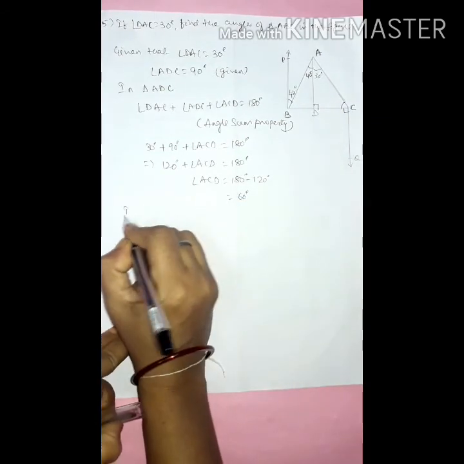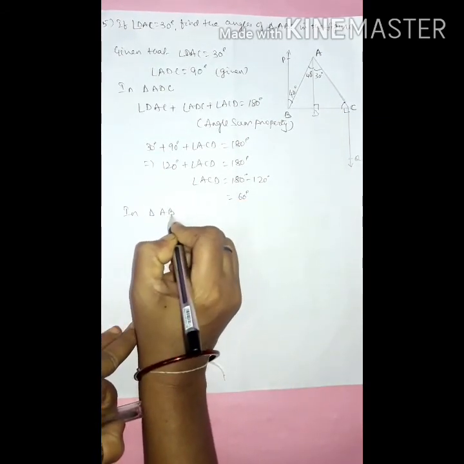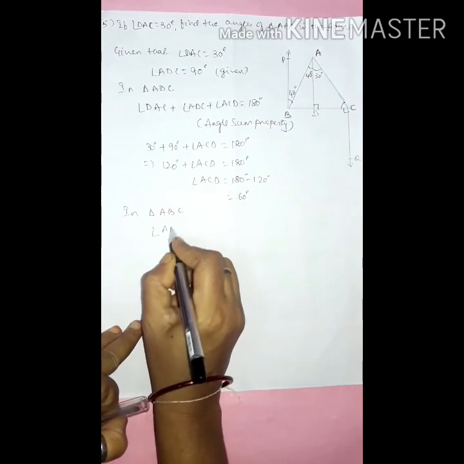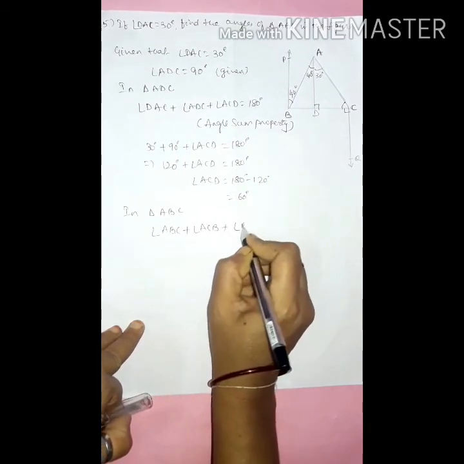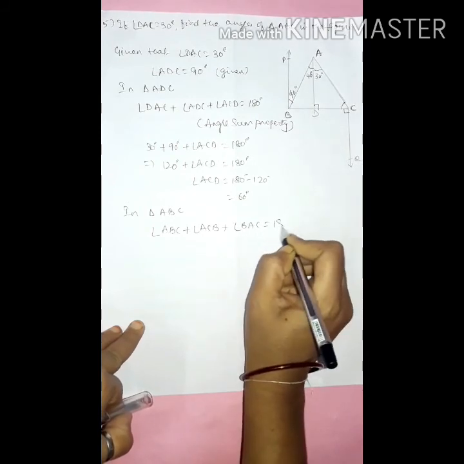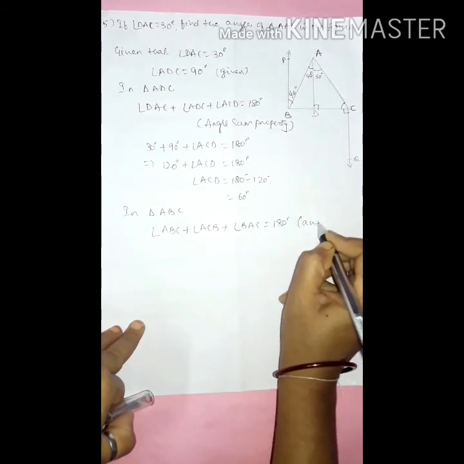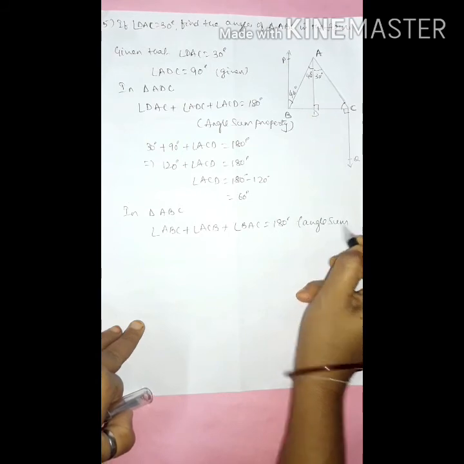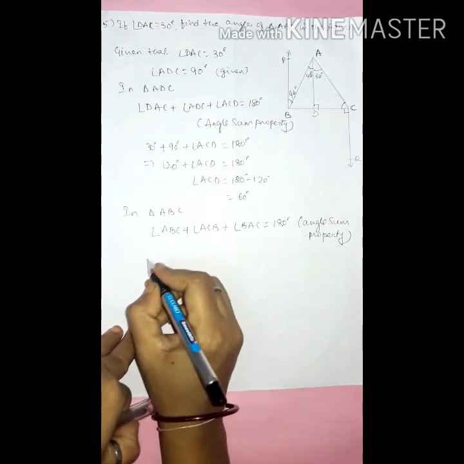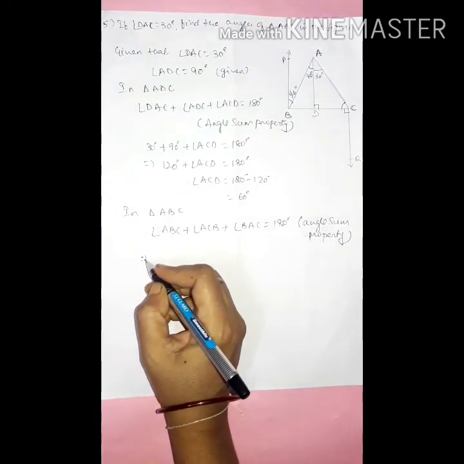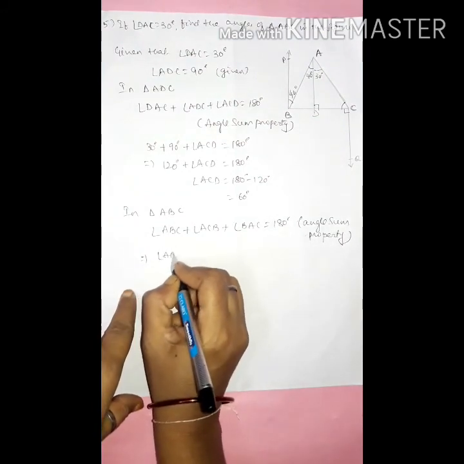In triangle ABC, angle ABC plus angle ACB plus angle BAC is equal to 180 degree. This is also the angle sum property. So angle ABC we need to find out.